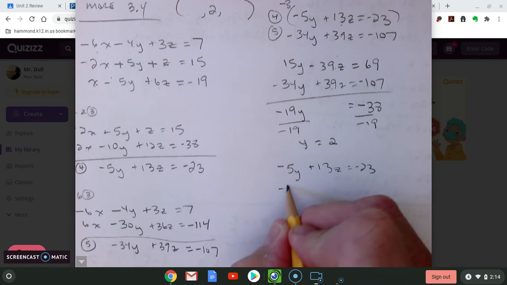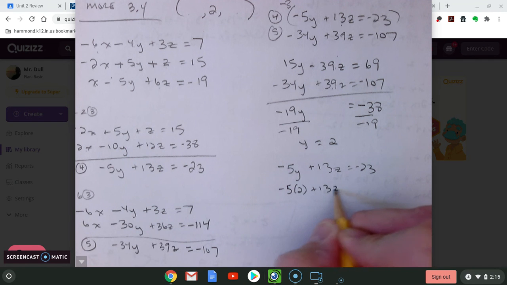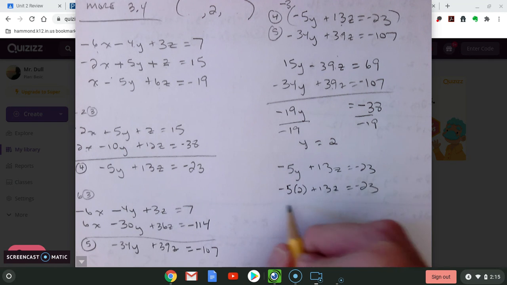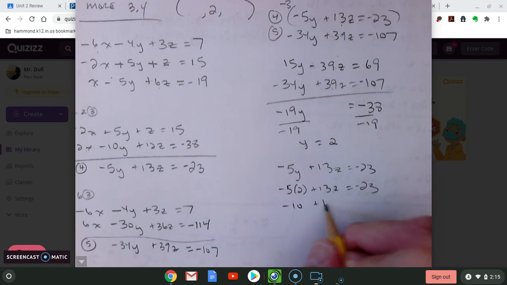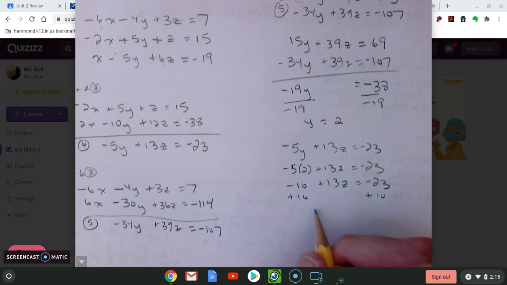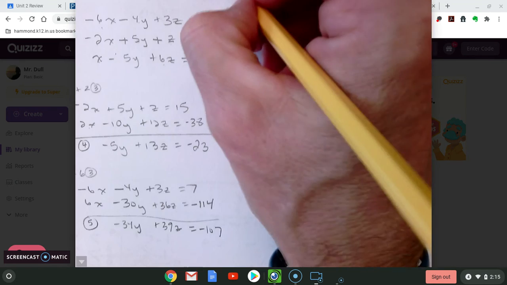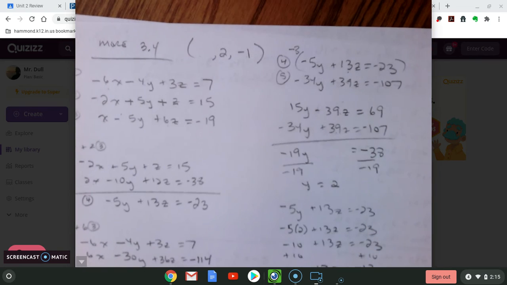So let's multiply negative 5 times 2 plus 13z equals negative 23. So negative 10, 13z equals negative 13. So now my z is negative 1.